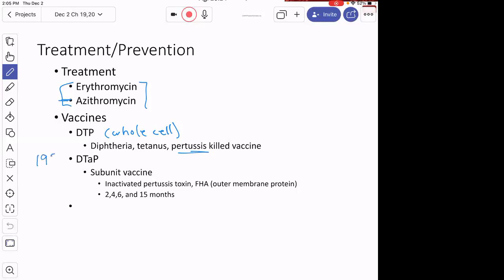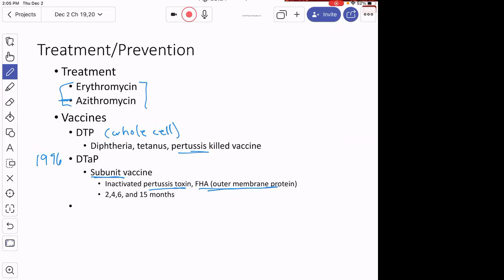In 1996, we switched to a subunit or acellular vaccine, because then we just have parts of the pertussis toxin and that one protein, filamentous hemagglutinin, parts of the cell that are antigenic and not the whole cell. So we leave out the endotoxin.